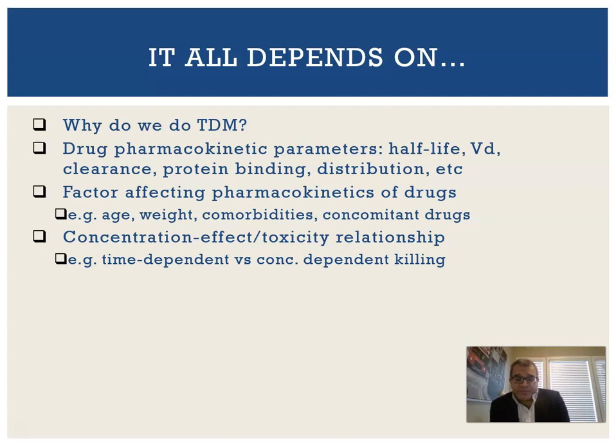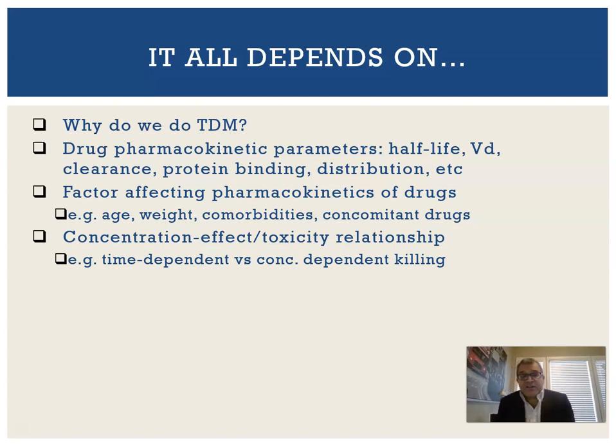Why do we do TDM? Are we suspecting severe toxicity? Probably you can measure the concentration anytime, right? Or are we checking if the concentration is at target, within the reference range, like for example, anti-rejection agents, right? And also generally, we measure the drugs at steady state, right?